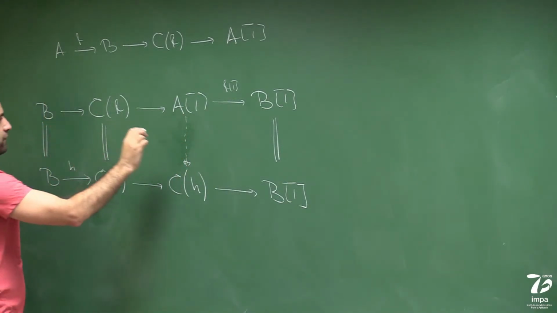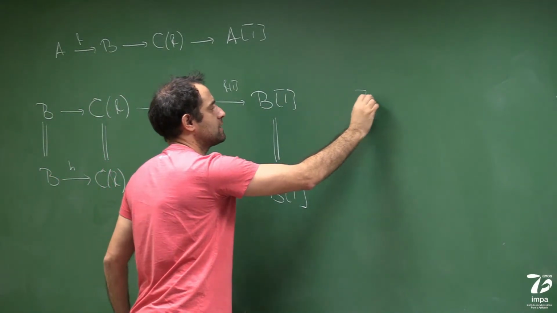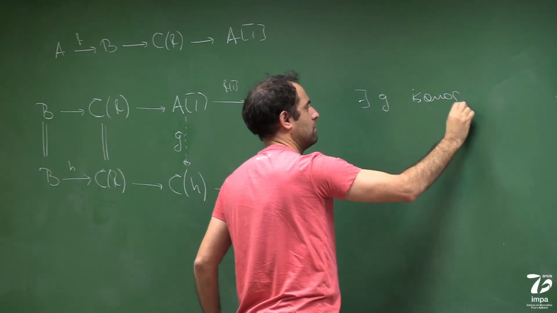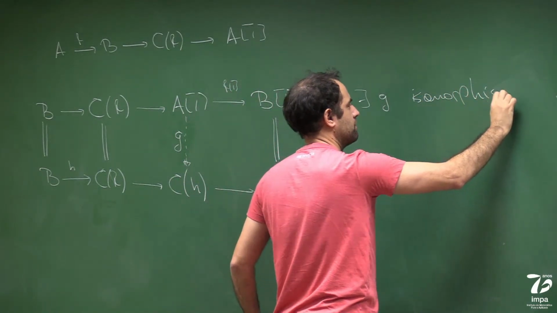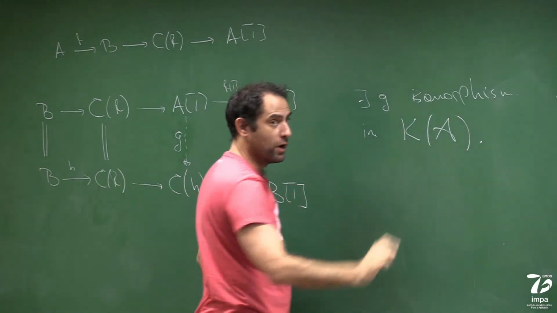I have F, G. The statement is there exists G, which is an isomorphism in the homotopy category.